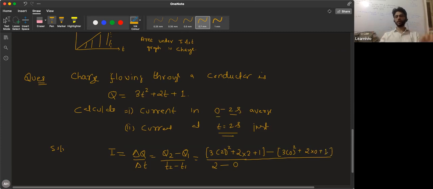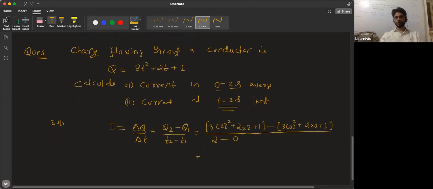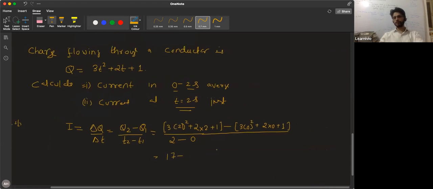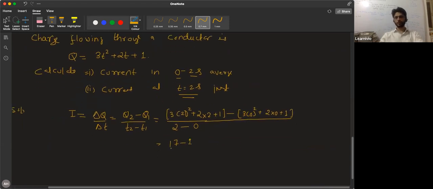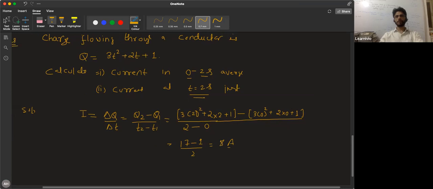This is Q2, Q1, and T2 and T1. So see, this is 4 into 3, 12, 12 plus 4, 16, plus 1 minus 1, over 2. 16 by 2, so that is 8. Is it clear?